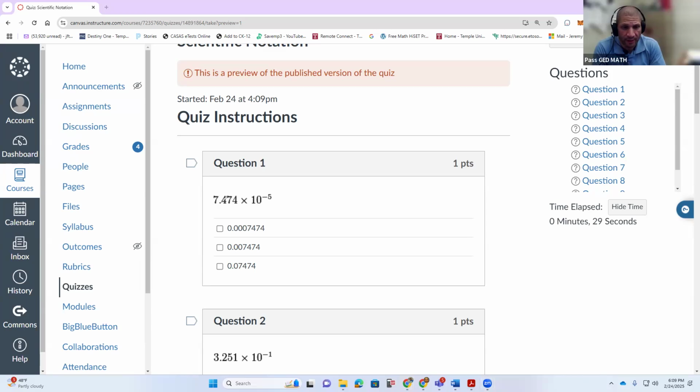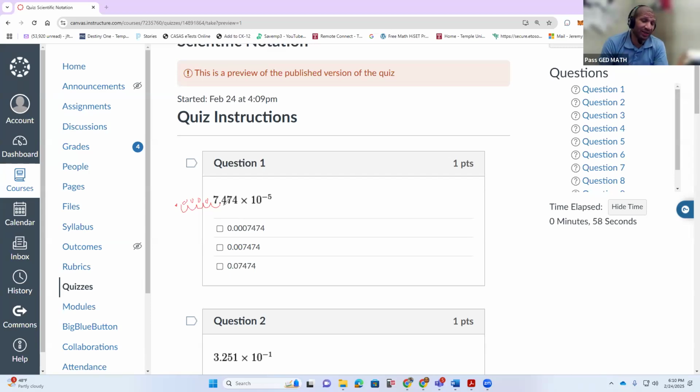I don't know what it is. Let's check it. So we got 7.474. That means we have to move the decimal 5 places to the left. 1, 2, 3, 4, 5. Where we don't see anything, we're going to put a 0. Actually, it's funny, because all those answers are incorrect.